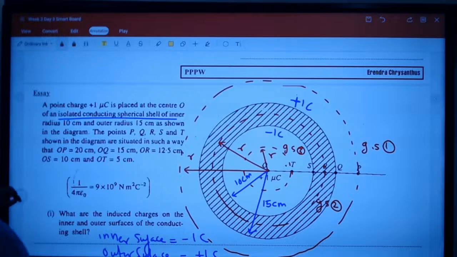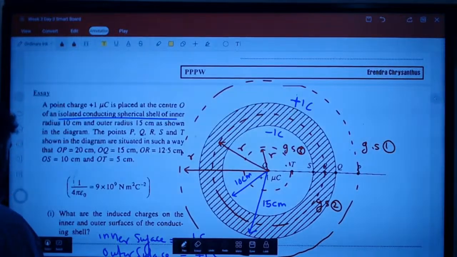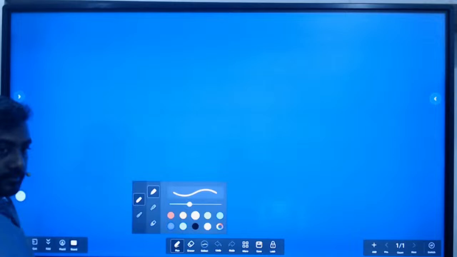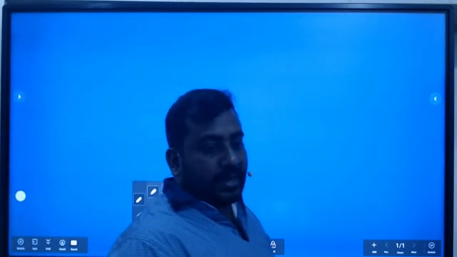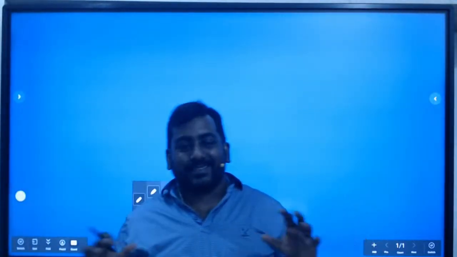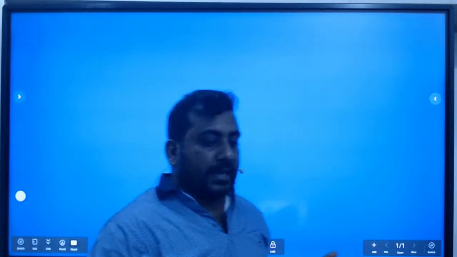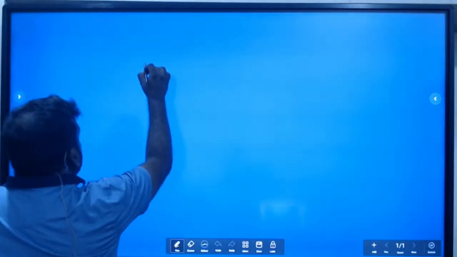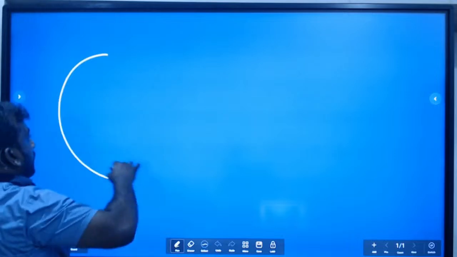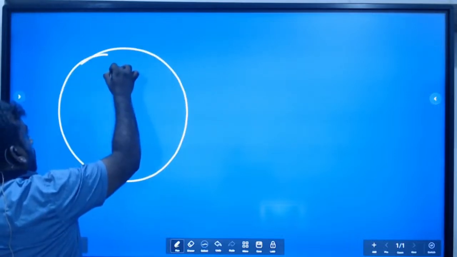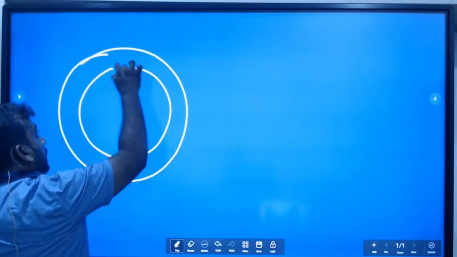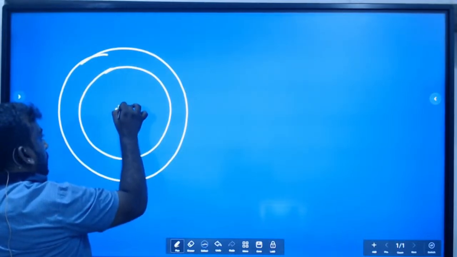I think we should do this properly on the board. You can clearly see a very interesting connection. Here plus 1 coulomb.